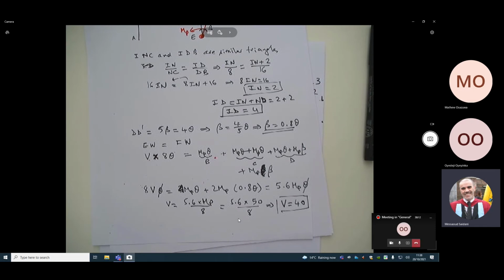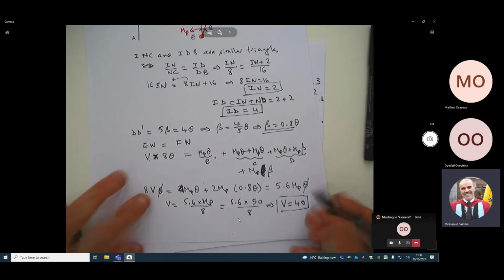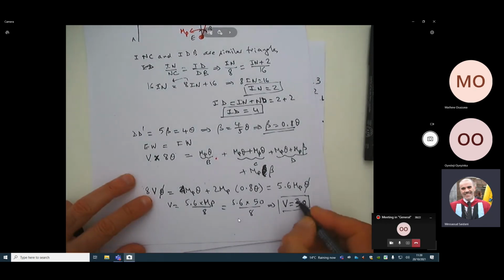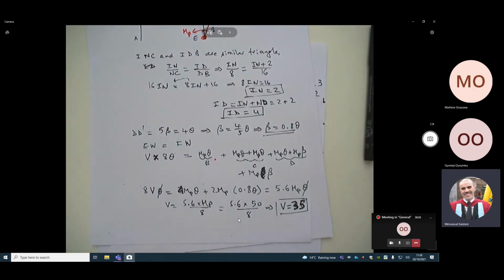Is that 35? Yeah, because 5.6 over 8 is 0.7 times 50, yeah, 35, sorry. So the sway, the pure sway, gives us V equals 35.